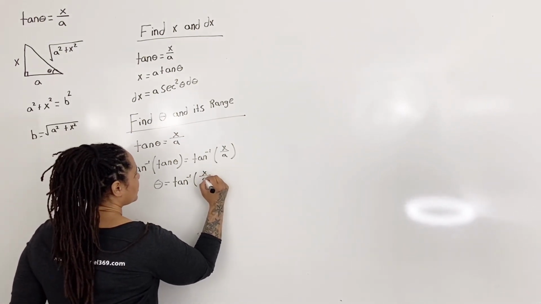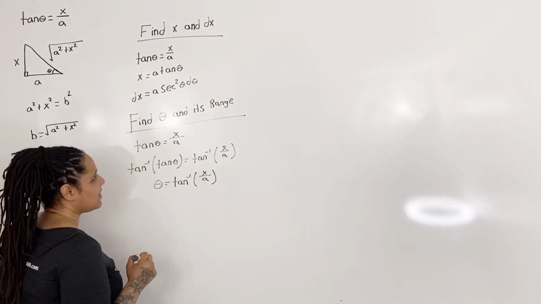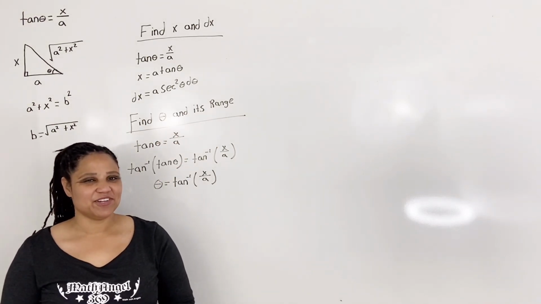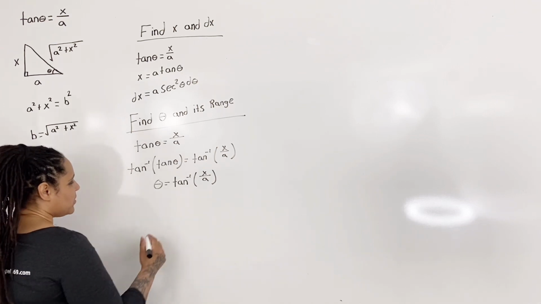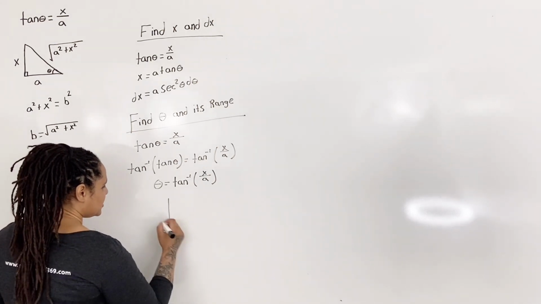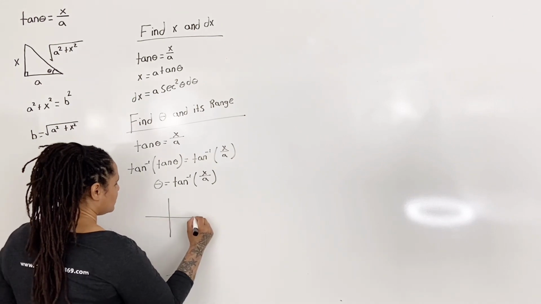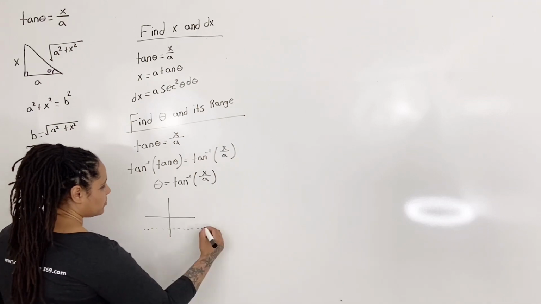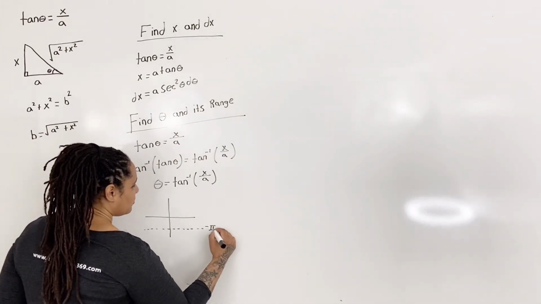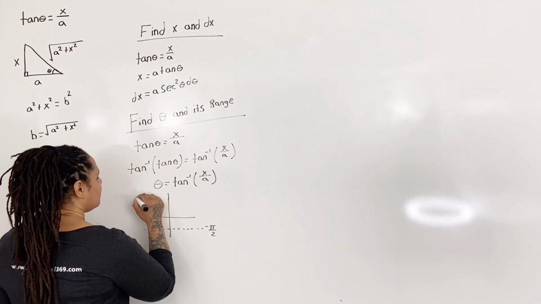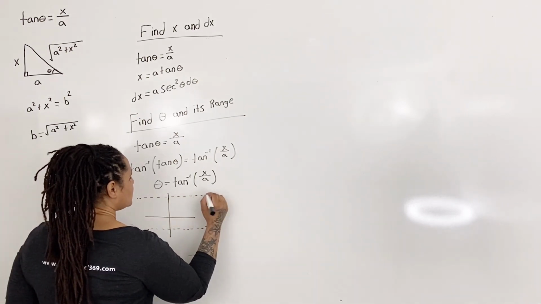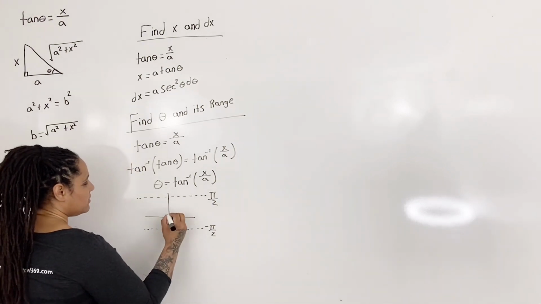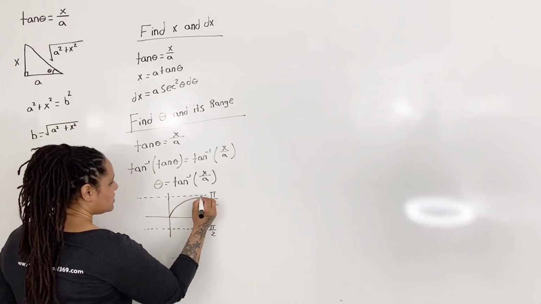Now, to find the range, you want to understand the graph of inverse tangent. So the graph of inverse tangent looks something like this. We have a horizontal asymptote at negative pi over 2, and we have a horizontal asymptote at pi over 2, and inverse tangent is going to swing out like this.